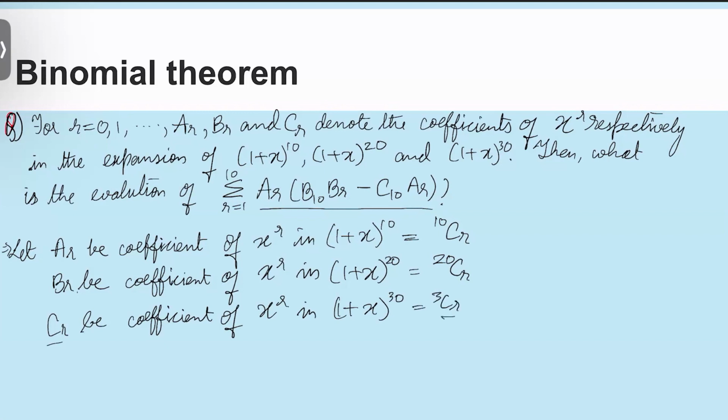Okay, so this Cr and this Cr are different. This is the combination nCr and this is the alphabetical C_r.